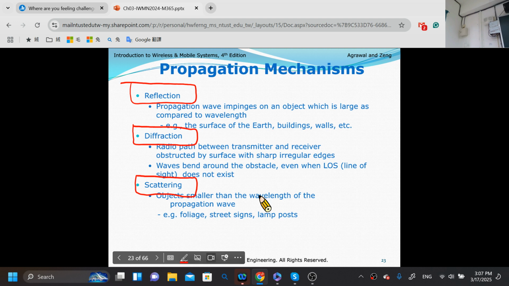So talking about reflection. What's reflection? Yeah, and you can look up further for sure. Oh, diffraction? Okay, you want to talk about diffraction, that's fine. All right. So later, you just select one, reflection or diffraction. And for you, scattering? Okay, sure.